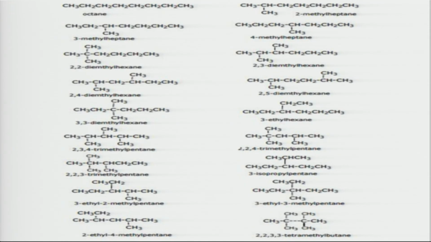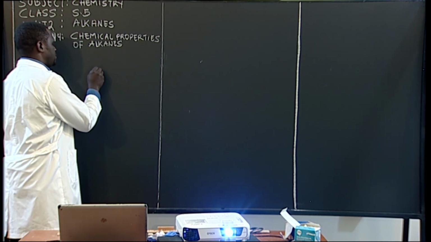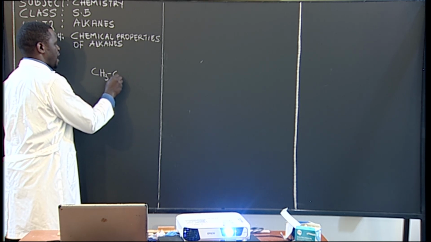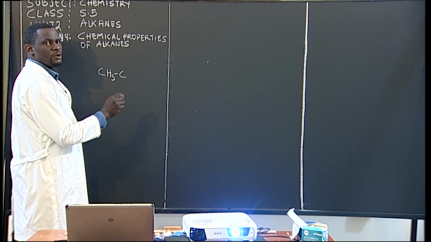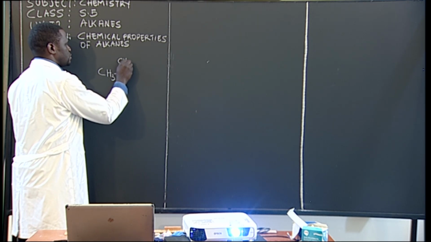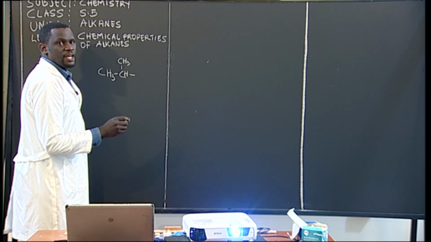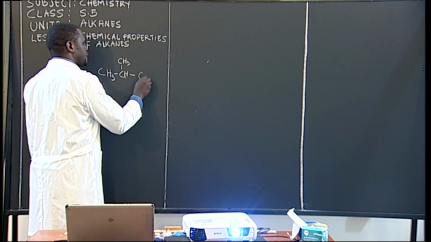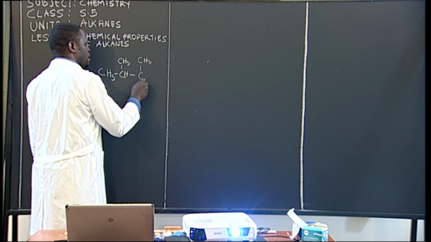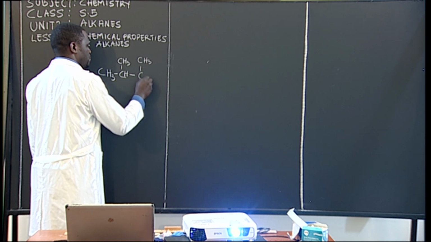So we can try to illustrate one of them, for example, 2,3-dimethyl hexane. Here we have CH3. I want to show you the chiral carbon. CH3, we also have CH, and we also have another C. This C is what we are interested in because it will give us our isomerism.